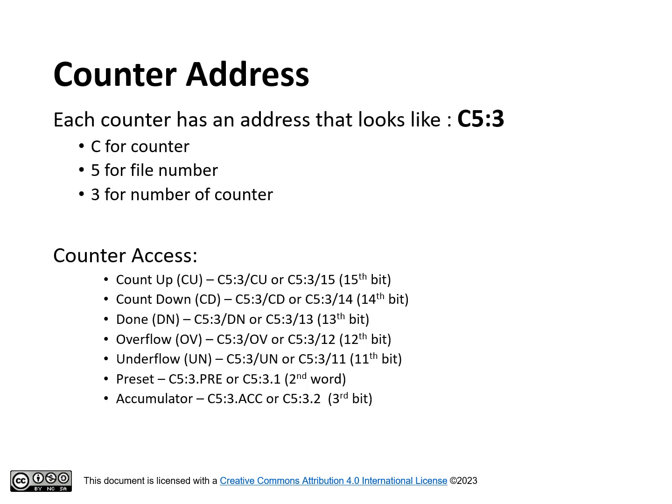Each counter has an address that resembles the following. C5:3. The C indicates that it is a counter. 5 indicates the file number. 3 indicates the counter number. In order to access the fields of this counter, the following address scheme is used.